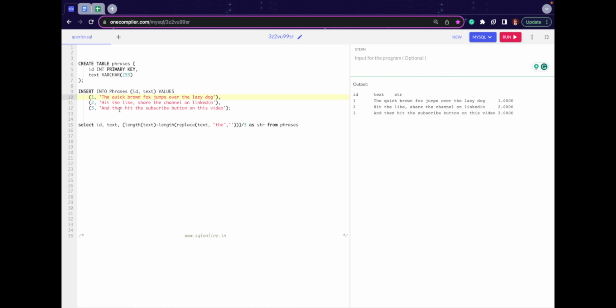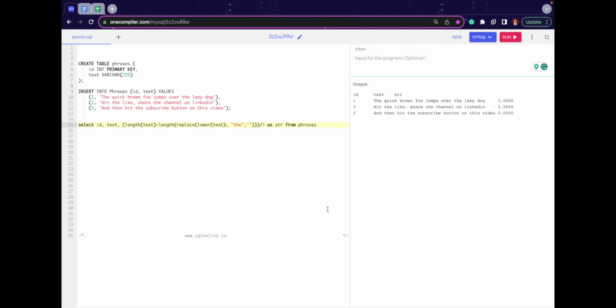Let's solve the first one. So the capital THE, let's do one thing: let's turn everything into lower case and then replace it. So I'll use a lower function here. This is going to turn the entire sentence into lower case and then replace this "the" with nothing.